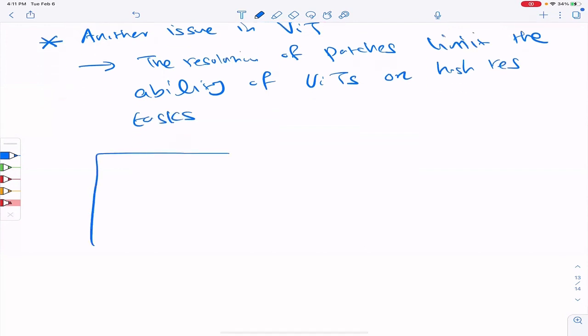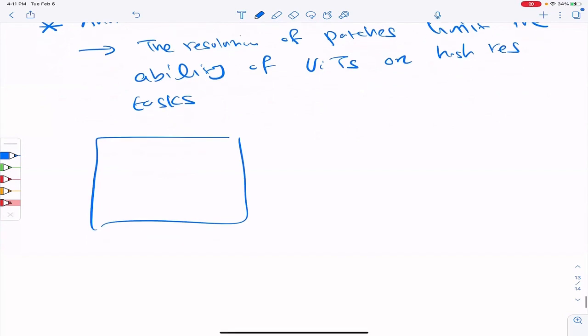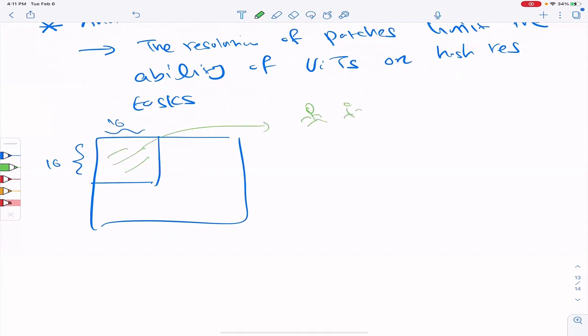For example, just imagine you have an image. Again, we are looking at 16 by 16 patches, and here you may have multiple people, multiple objects. Then you won't be able to detect those individual objects within a patch, because that's not the resolution that you are even looking at in your input image. So here detection is going to fail.